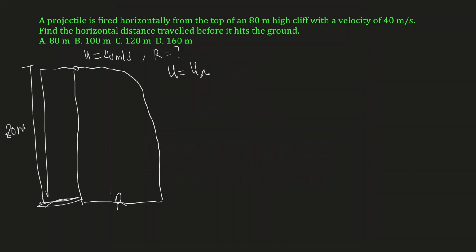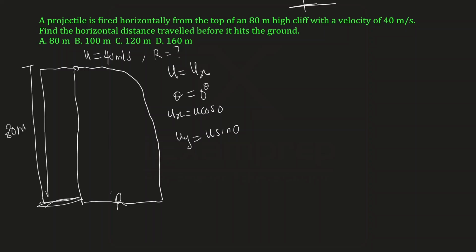Or if you think of it this way, since it was projected horizontally, and the way we calculate the angle is always relative to the horizontal, it means that theta is equal to 0 degrees because it wasn't projected with an angle. So ux is equal to u cos theta, and the angle is 0, so we have u cos 0, and uy is equal to u sin theta, with theta equal to 0.